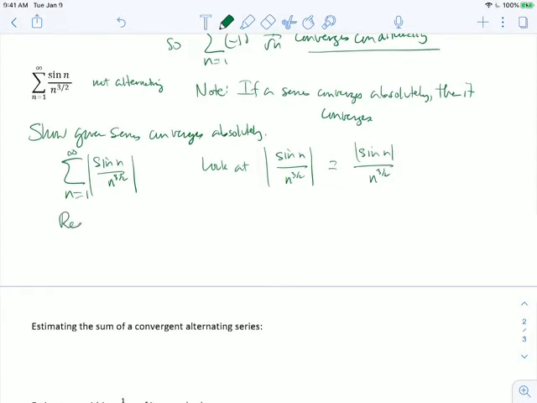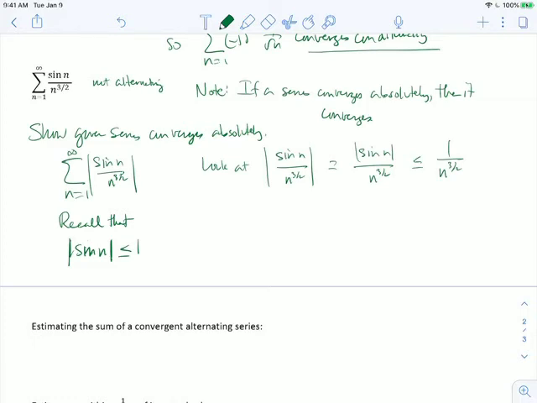Let's recall that the absolute value of sine n is less than or equal to 1. Well, let me apply that idea here. So that would mean that the absolute value of sine n over n to the 3/2 is less than or equal to 1 over n to the 3/2.